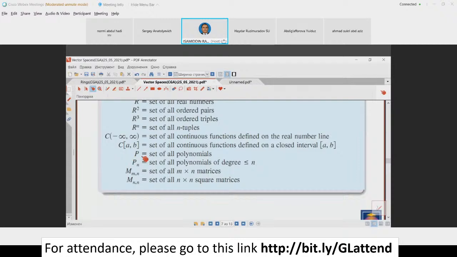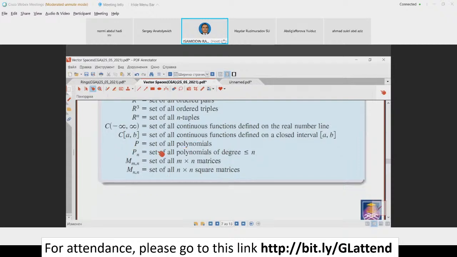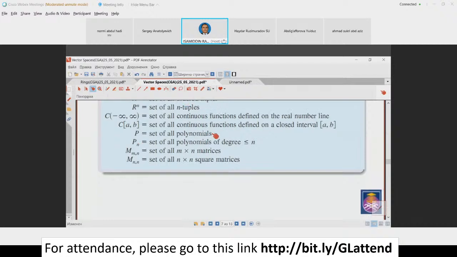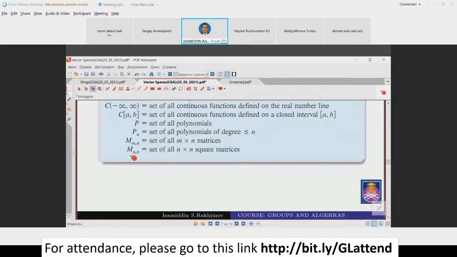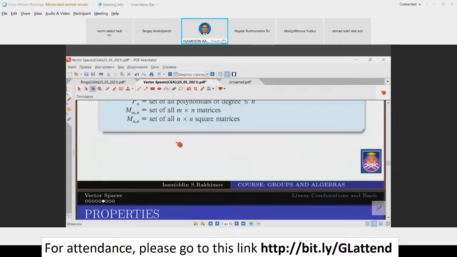P_n means the set of polynomials of degree no more than n. And this is the set of all m by n matrices, m rows and n columns; here just square matrices. Those are the notations.